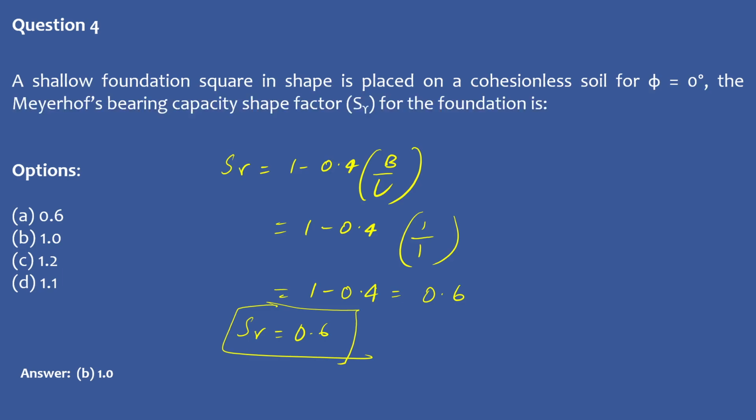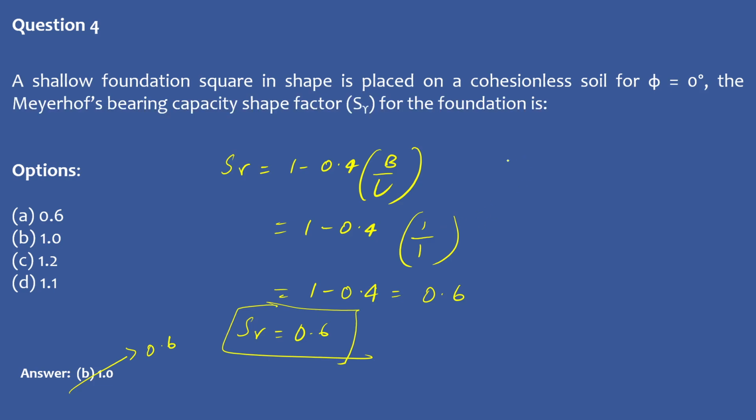The correct answer will be 0.6. So S gamma is 0.6. For the strip footing, it will be 1, but since it's a square footing, your answer will come out like this.